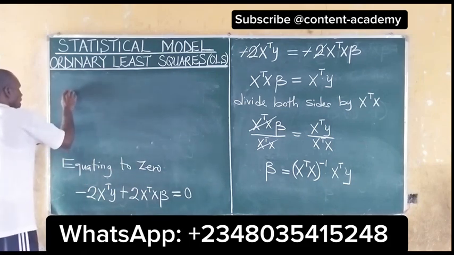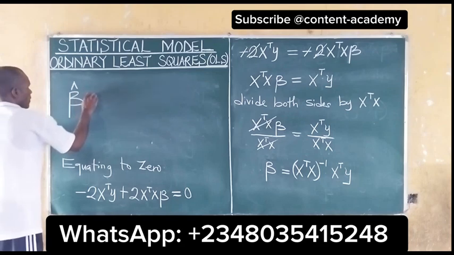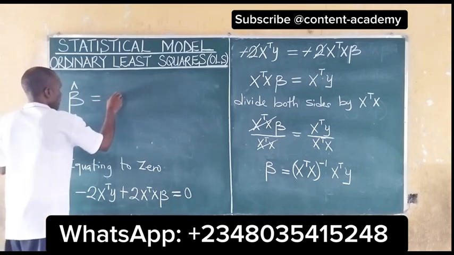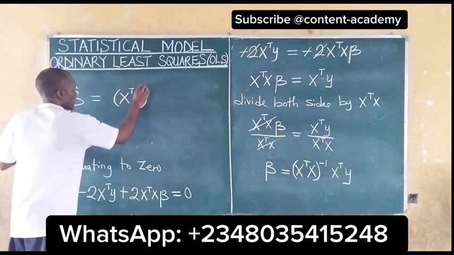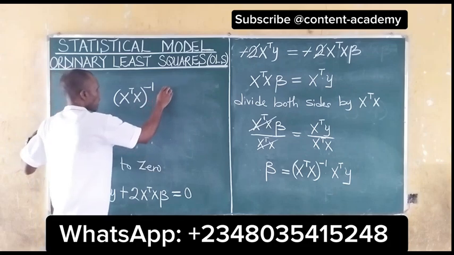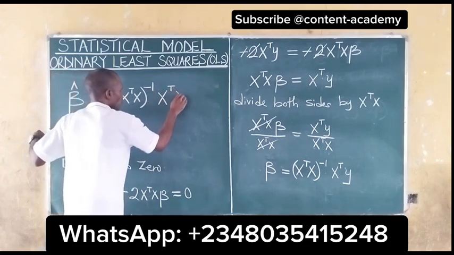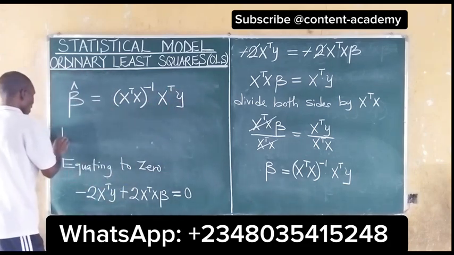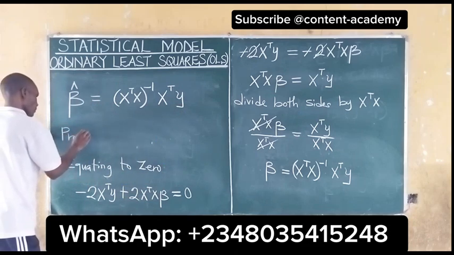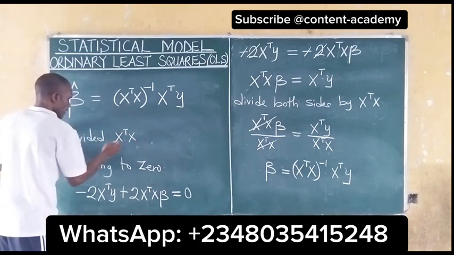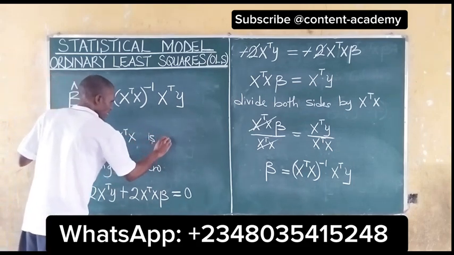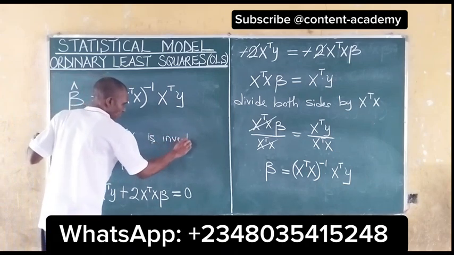we can write our beta estimate to be equal to x transpose x inverse multiplied by x transpose y, provided x transpose x is invertible.